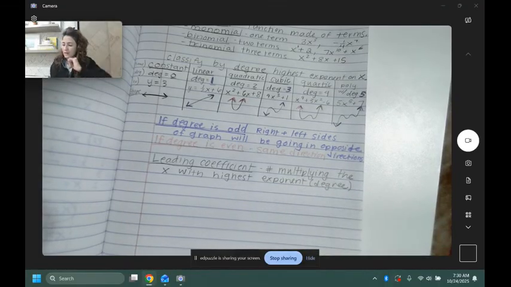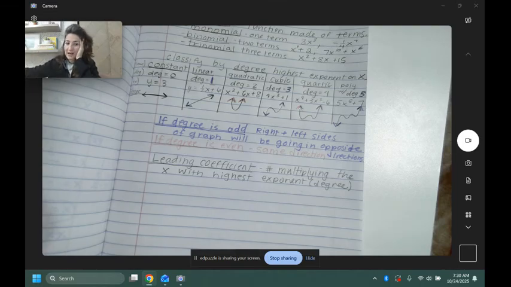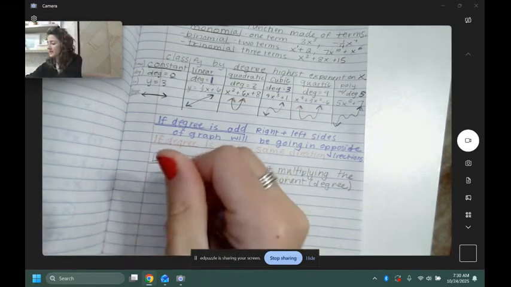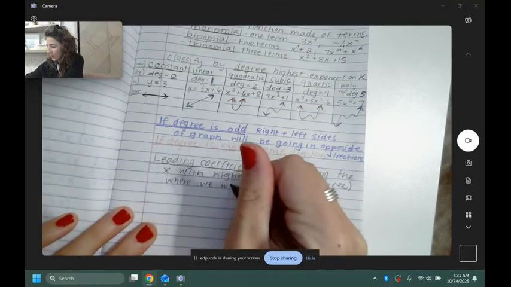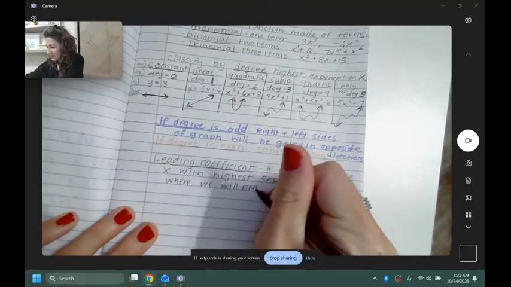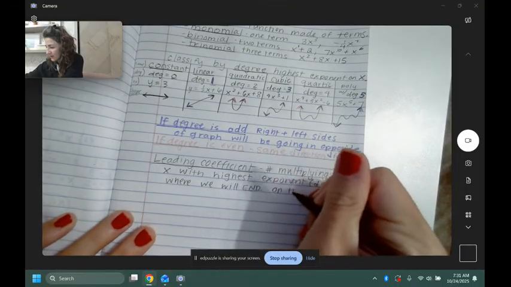The leading coefficient tells us where we're going to be ending on the right side. This tells us where we will end on the right.